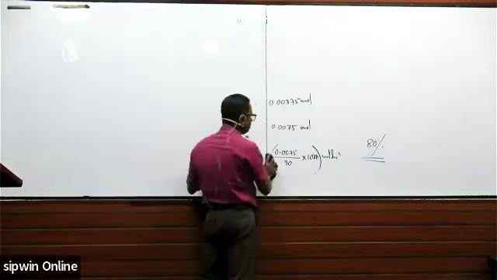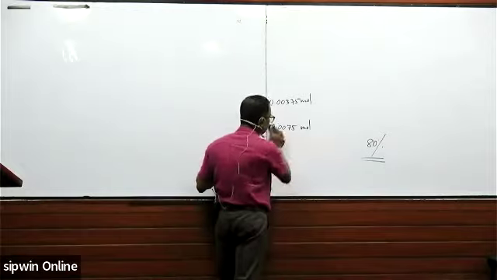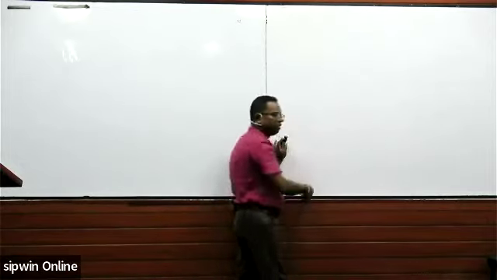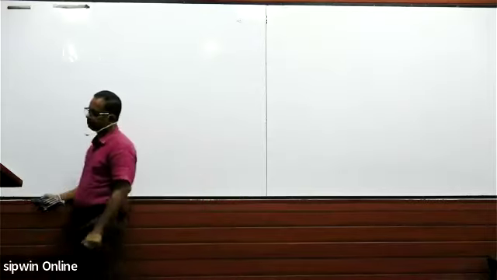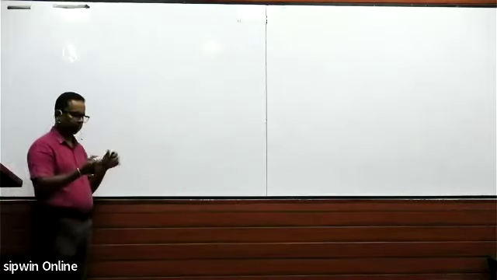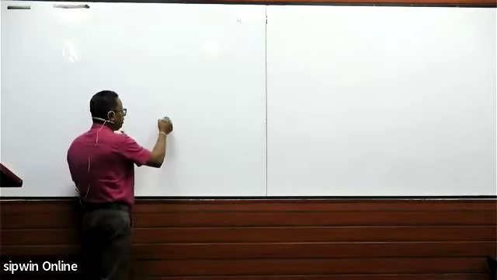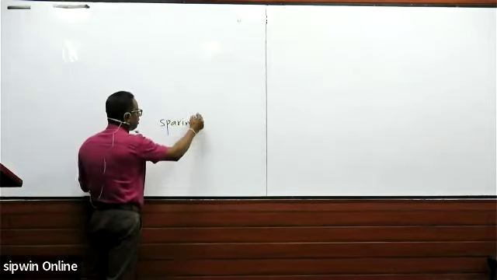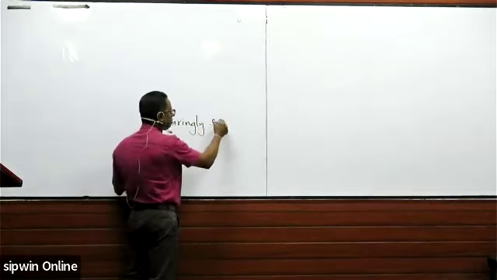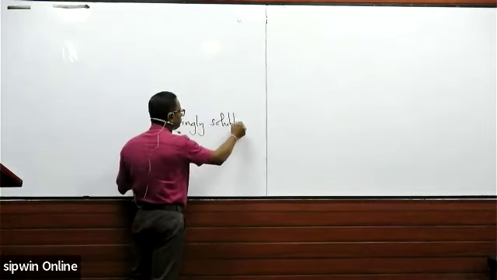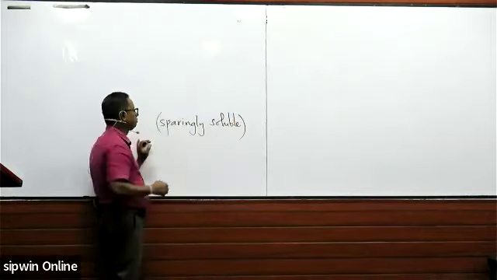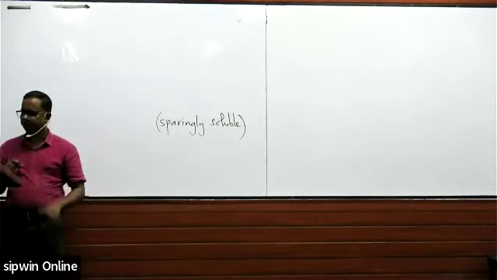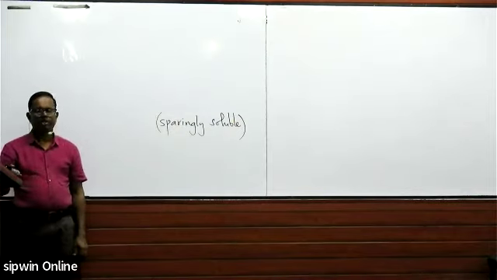Ionic equilibria produced by very weakly soluble, within a bracket, sparingly soluble, strong electrolytes.